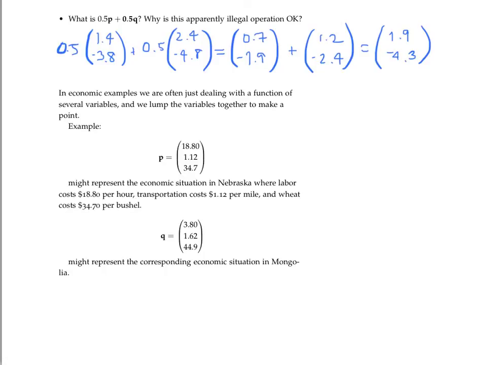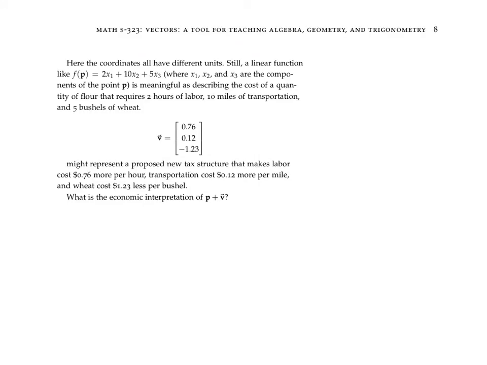And so here's Q might be the corresponding economic situation in Mongolia. Here's labor costs, transportation costs, and wheat costs. Now let's take a look at what happens when we want to implement some sort of increment of change. Even though all of these coordinates have different units, that's okay.